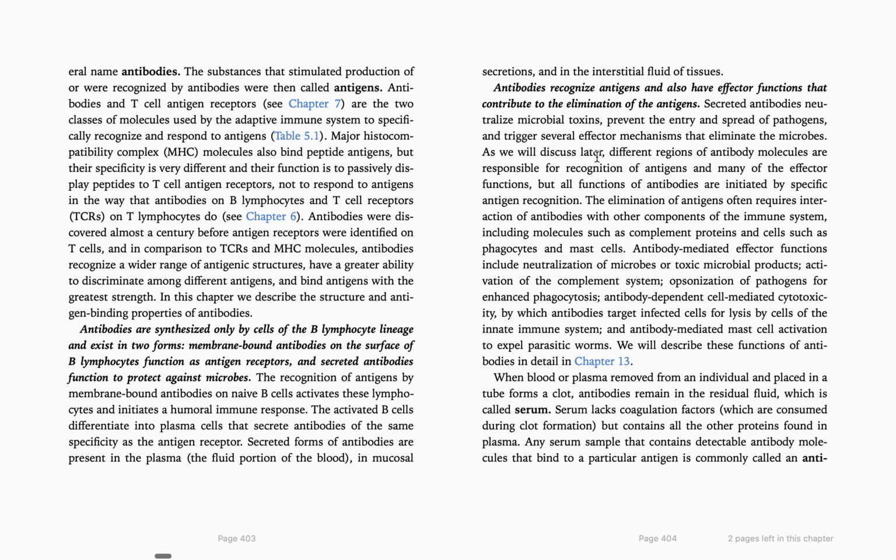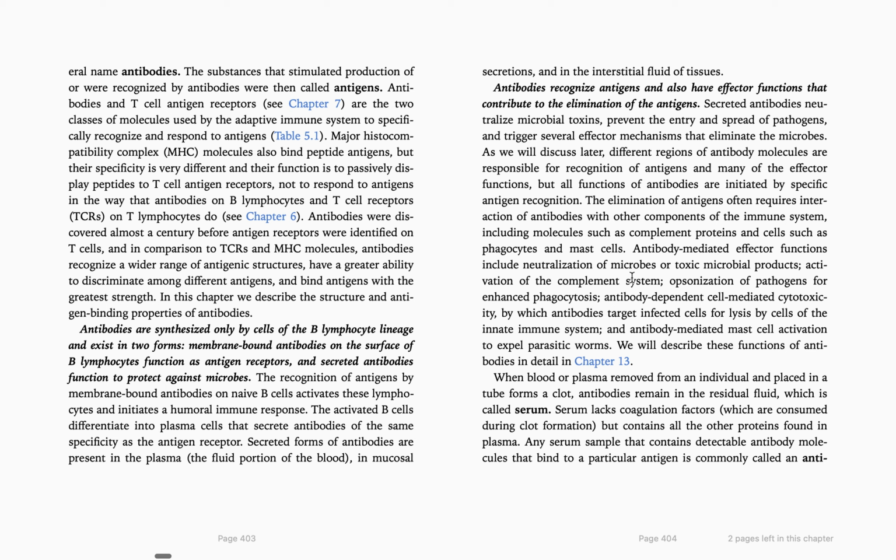As we will discuss later, different regions of the antibody molecules are responsible for recognition of antigen and many of the effector functions, but all functions of antibody are initiated by specific antigen recognition. The elimination of antigen often requires interaction of antibody with other components of the immune system, including molecules such as complement proteins and cells such as phagocytes and mast cells.